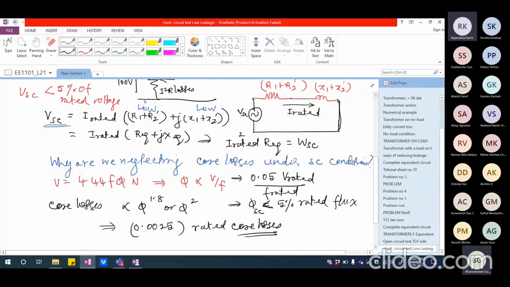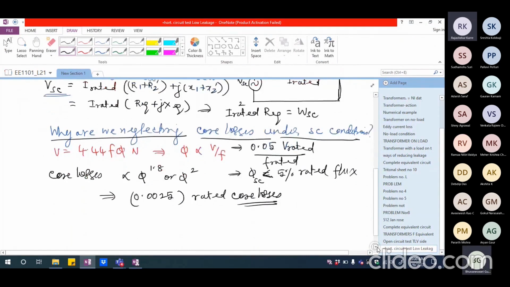It's not going to be any higher than this. And that is the reason we can say core losses can be neglected under short circuit condition. That is why we are neglecting core losses under short circuit condition.